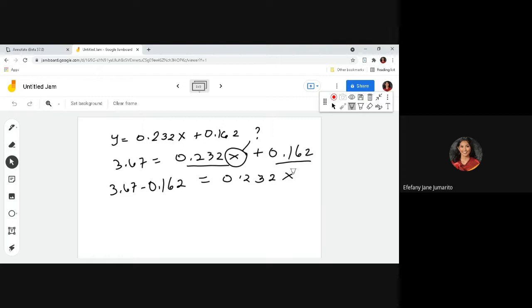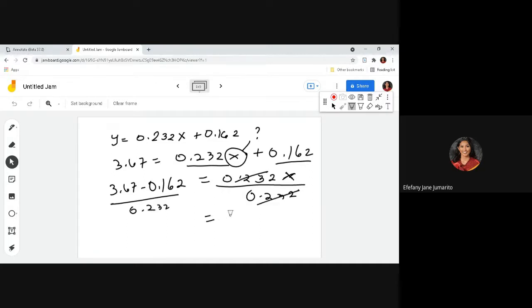Okay, we have that one. Now, what will happen? We want the x alone. We will divide both sides. Yes, since it's 0.232x, a multiplication, we will divide both sides. Okay, divide both sides.